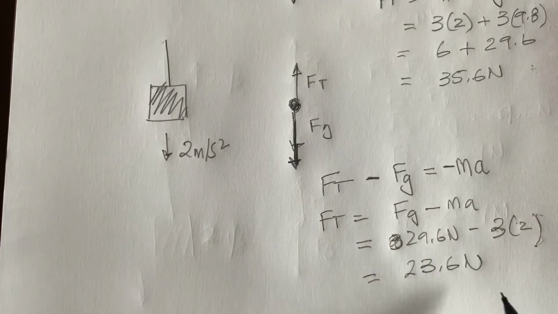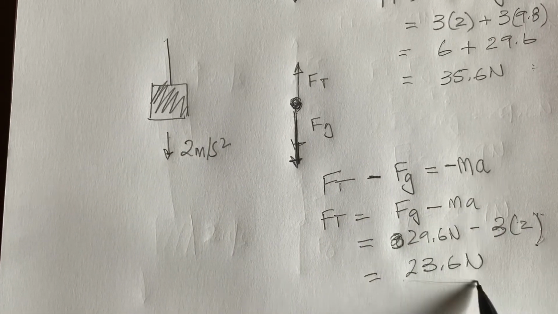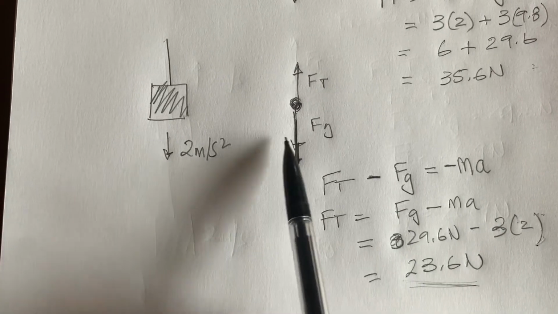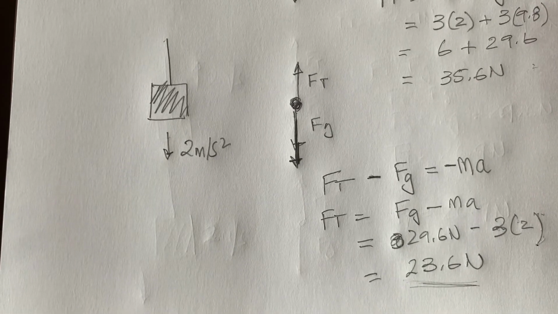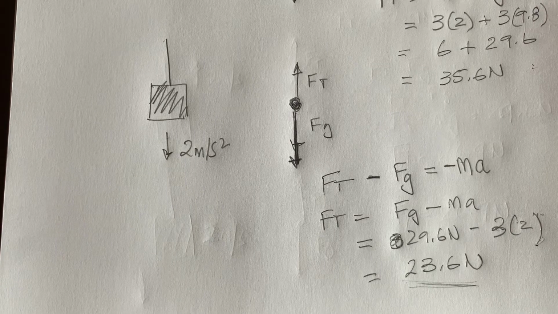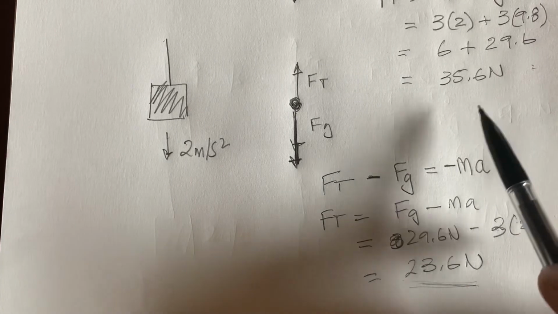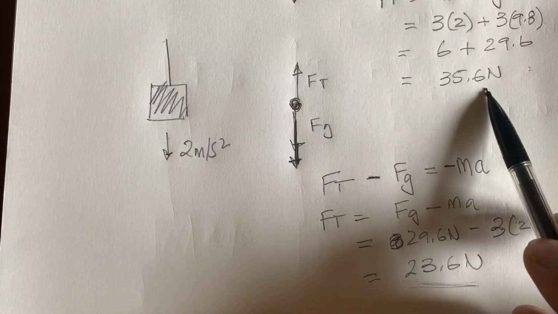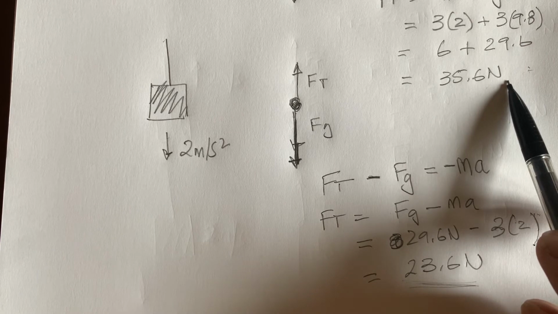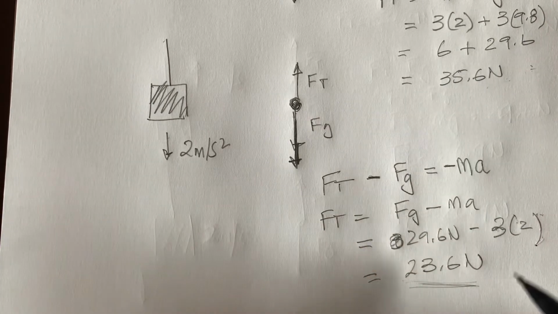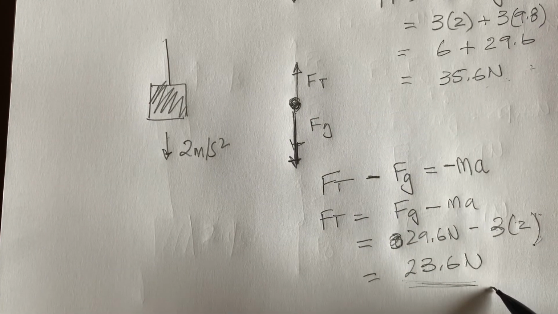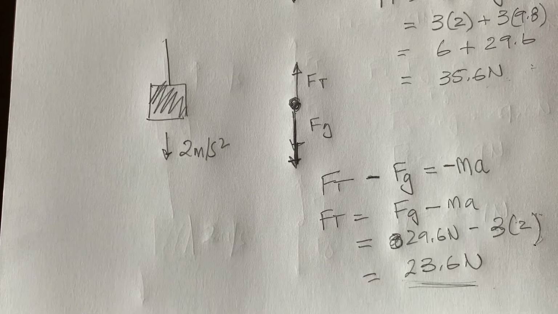And so that tells you that the tension is lower when it's being let down while it is accelerating, and the tension is greater when the acceleration is upward. So upward acceleration increases the tension. The downward acceleration decreases the tension.